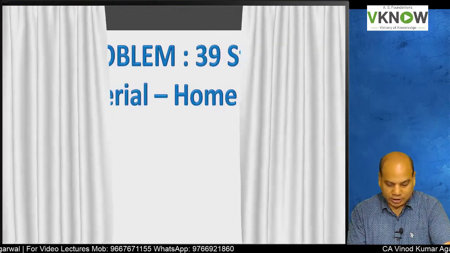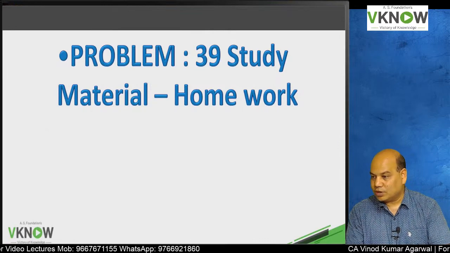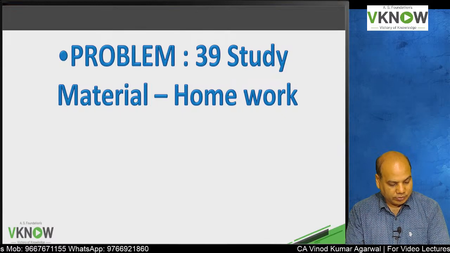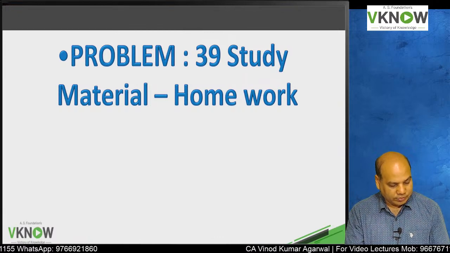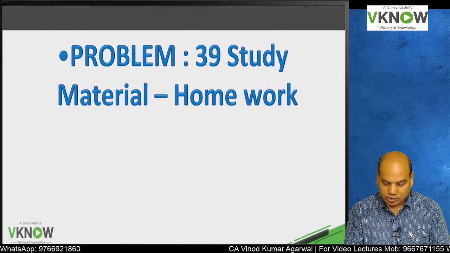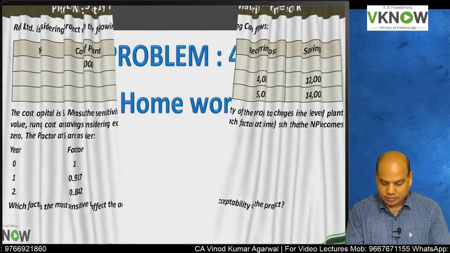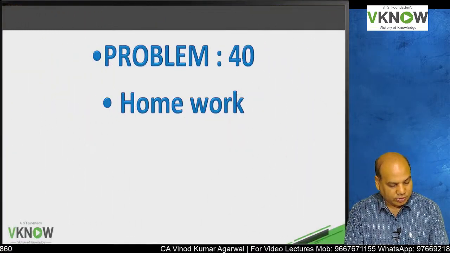Question number 39, homework. Just read the problem yourself, same to same question, only figures are different. In fact, much simpler because you have only 2 years, whereas I had taken a 3-year problem. Then question number 40, homework. 100% same question, figures are different.